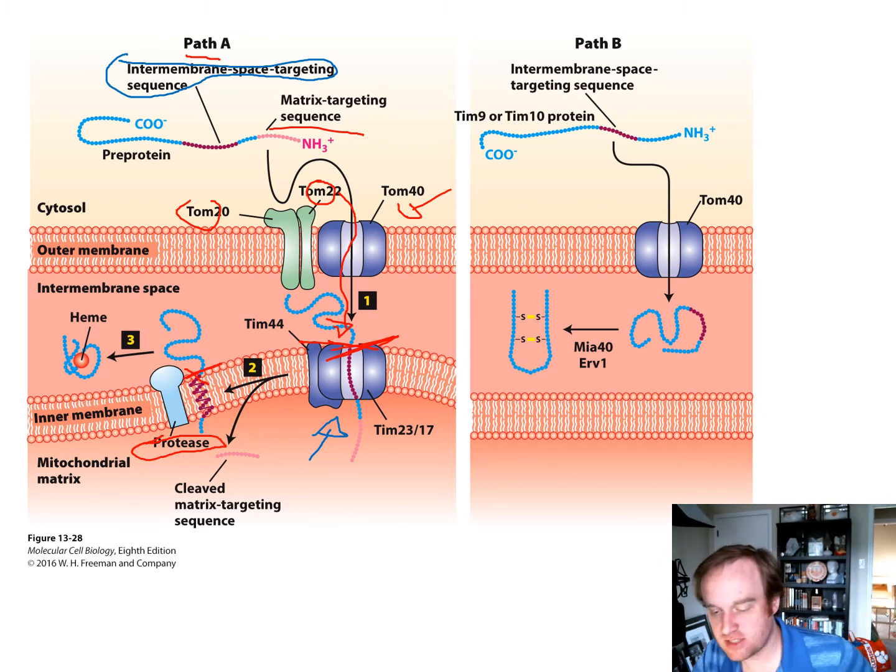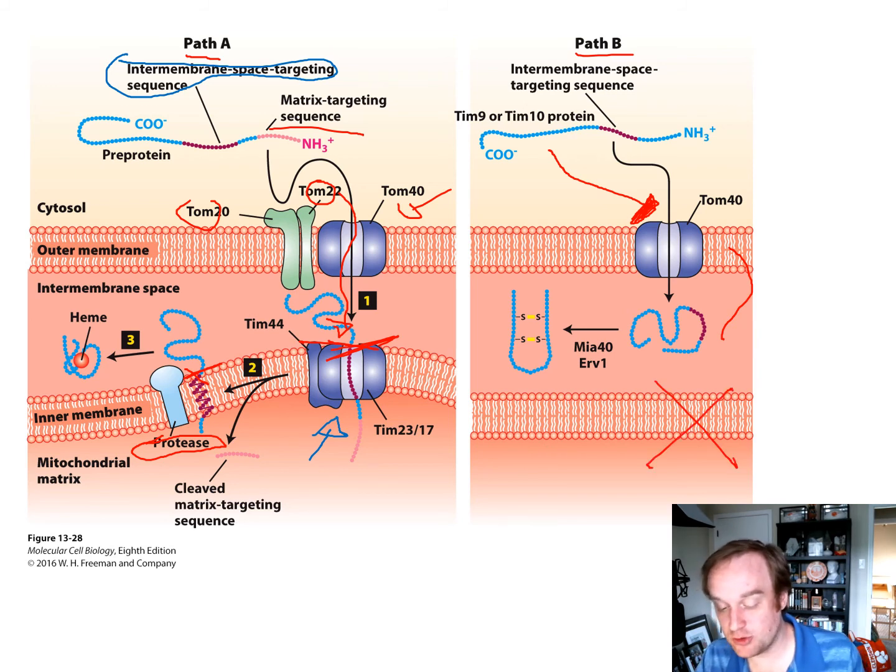The last way we have is part B here. In part B, there is, again, no matrix targeting sequence, and TIM9 and TIM10 help to take this polypeptide chain and move it to TOM40, our always active outer membrane transmembrane channel. And once inside, since there's no targeting domain, there's no way to move that protein across TIM44, TIM23, and TIM17 into the mitochondrial matrix.